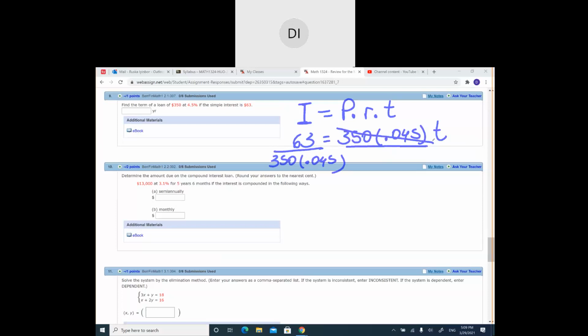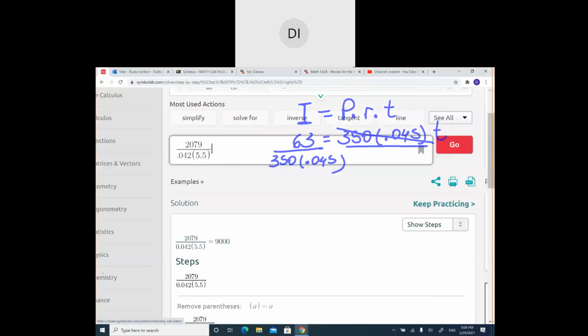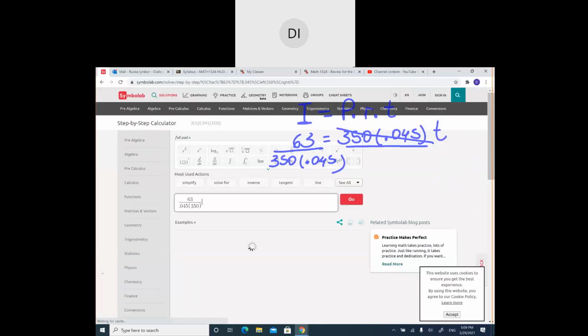And we're just going to use the calculator. I'm just going to change the numbers. So we have 63 on the top, and down here we have 0.045 times 350. And we got 4.